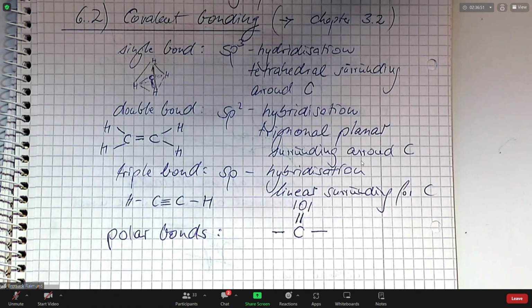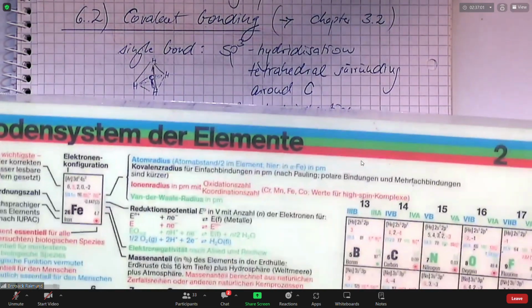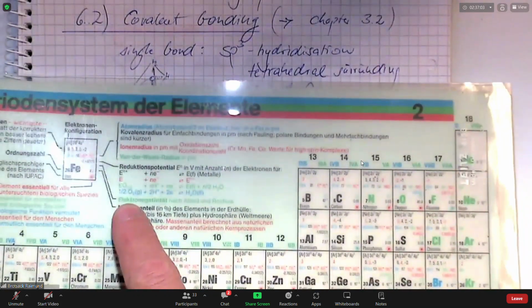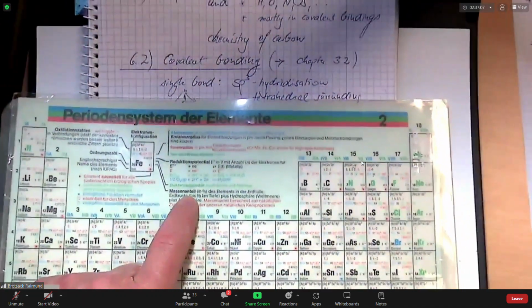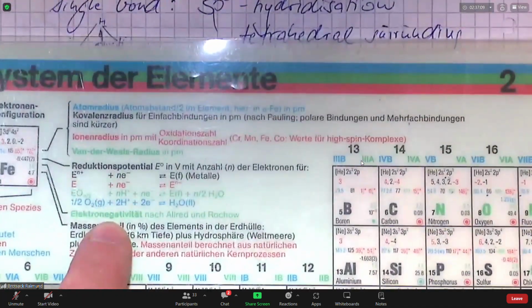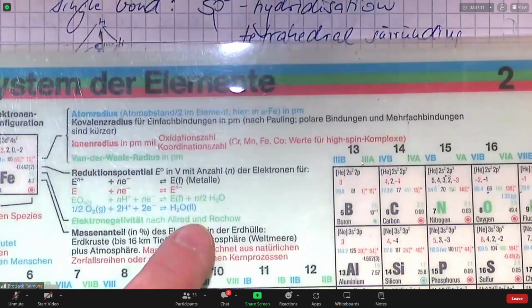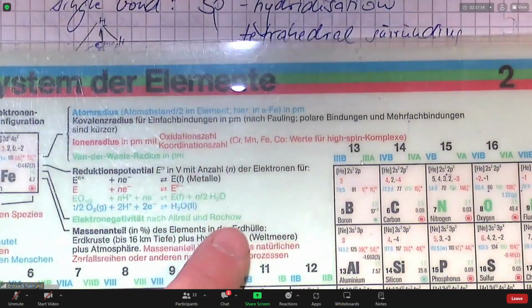The thing is, now the electronegativity of oxygen is bigger compared to that of carbon. We have to look at the electronegativity here. It's called in German Elektronegativität. Here the data are coming from Allred and Rochow.